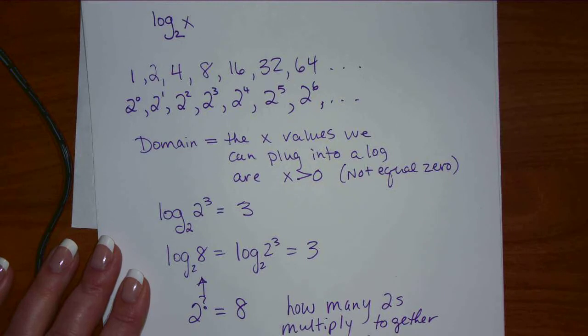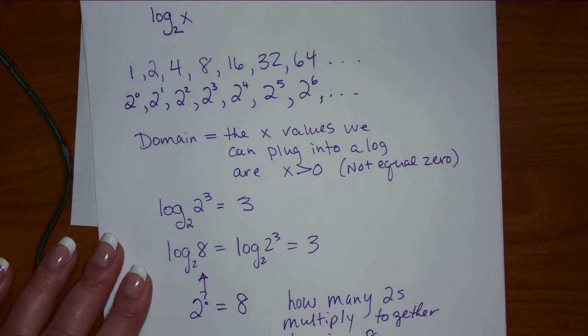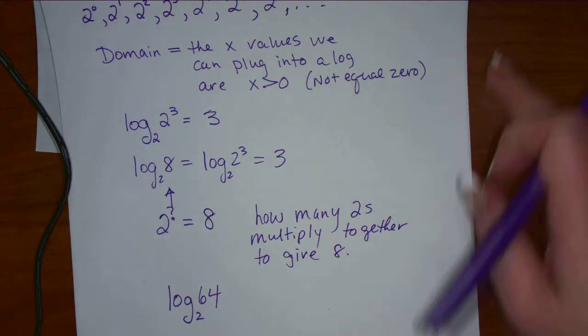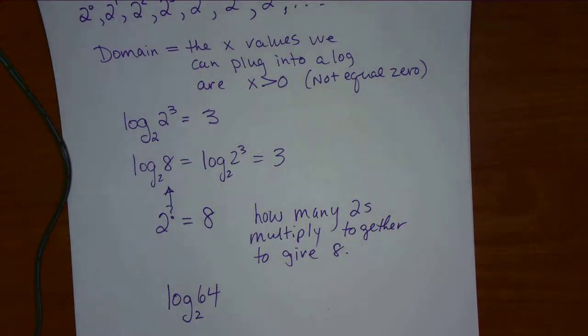So the ones that work nice are the ones that are a power of 2. Otherwise, you'd have to guess. It's between this and this. So if I said log base 2 of 64, what would we say? Is 64 some power of 2?